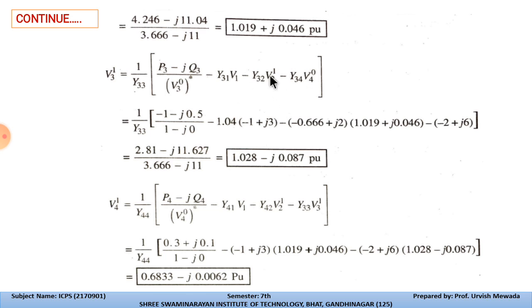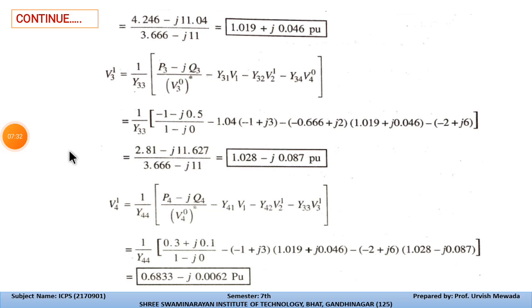So this is the value that we put from the previous iteration. So this is the value which is placed over here, and by putting these values we can find the v31. It is 1.028 minus j 0.087 pu.